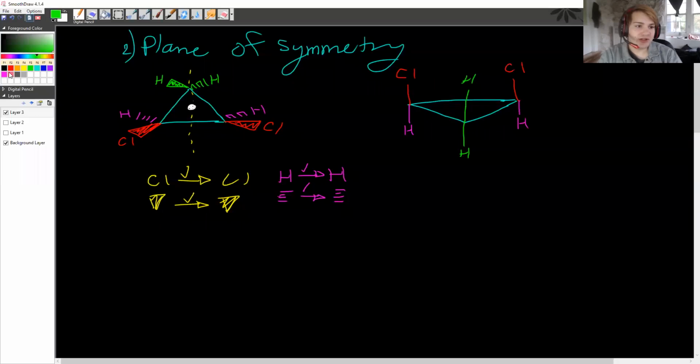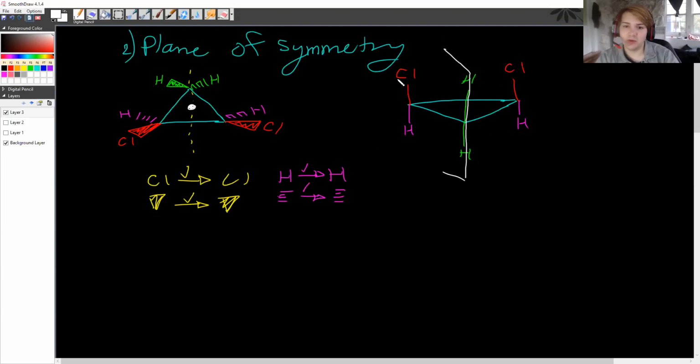So what we're essentially doing is taking this molecule and slicing it right in half, right? And what we see going on, oops, I drew the wrong line of symmetry. Ha ha, my bad. What we're doing is slicing it like this, right? Slicing it going right back.